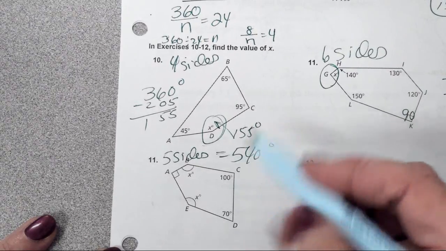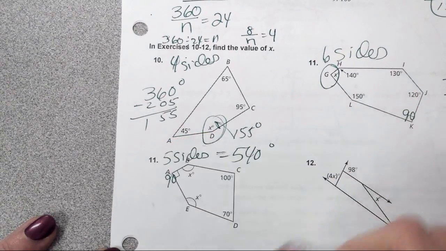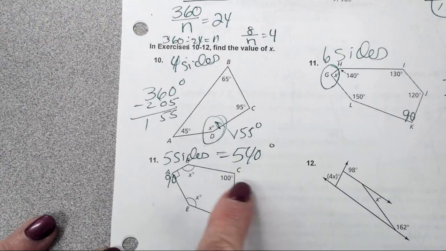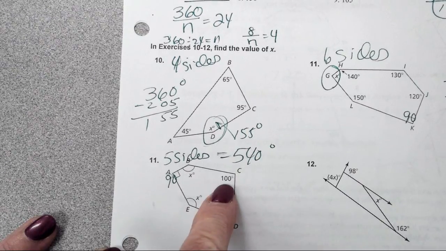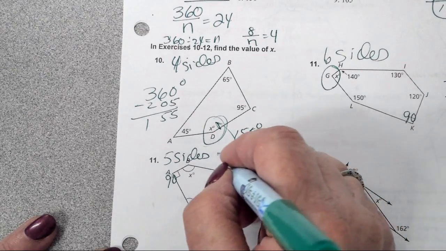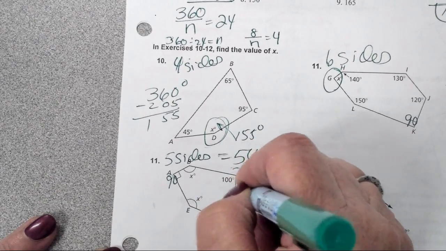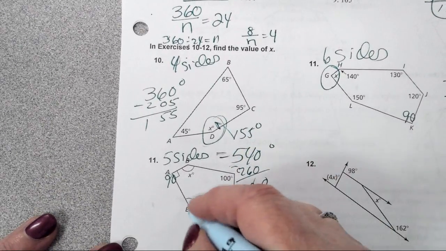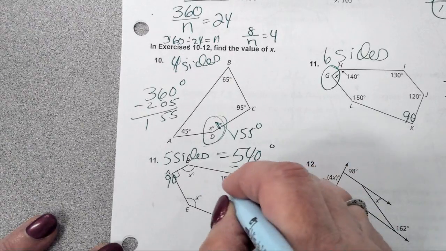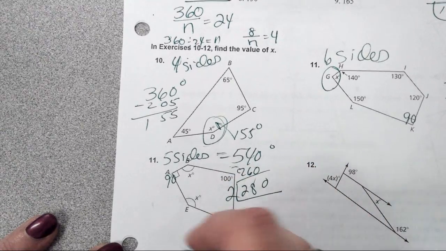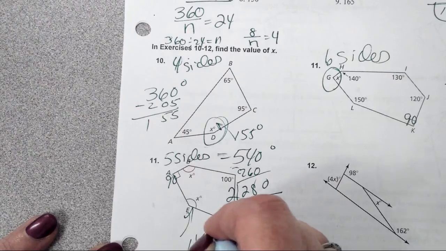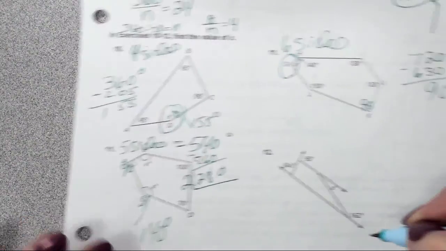We couldn't figure out what that is. So I've got 90 plus 70 is 160, 260. So 540 minus 260 is 280. And again, those are both equal, so divide by 2. So each angle is 140 degrees. And yeah, they look obtuse, so it should work.